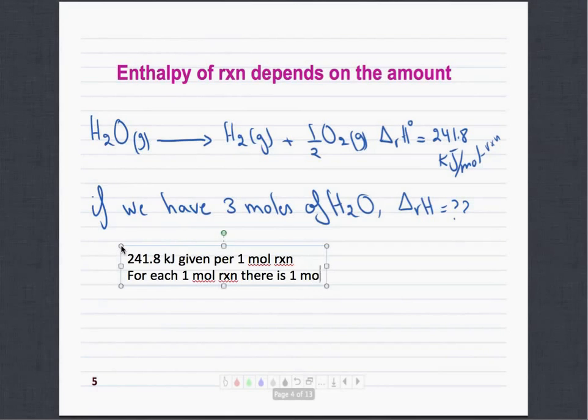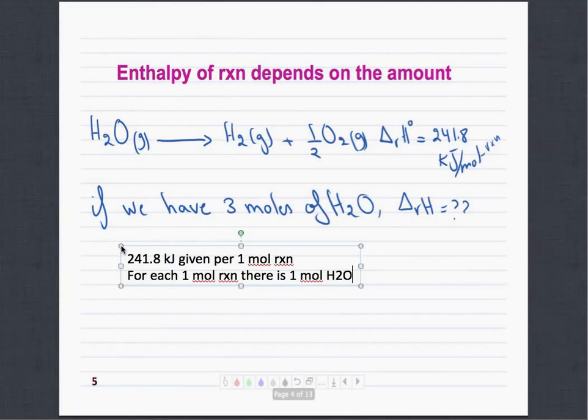If it's asking about the oxygen, I would look at the stoichiometric coefficient of the oxygen. If it's asking, what if you want to produce 6 moles of hydrogen, I will take hydrogen into consideration. 1 mole. So if I have 3 moles of water, how much is the energy? The mole reaction is going to cancel mole reaction, mole water is going to cancel.